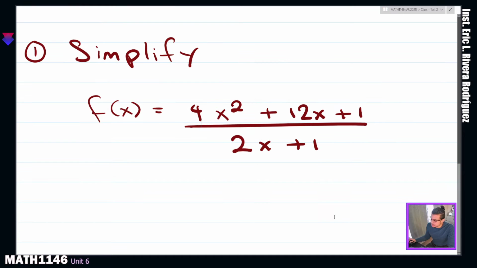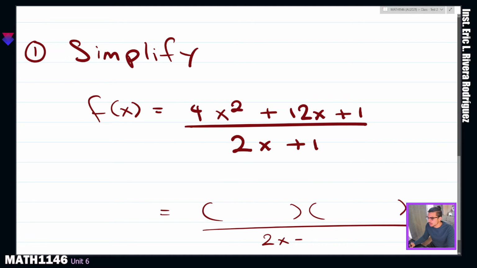Here you want to find two linear factors for the numerator, and it won't be possible. So basically, if you try to simplify and you just start seeing weird stuff, that means that it won't be possible to simplify the function.